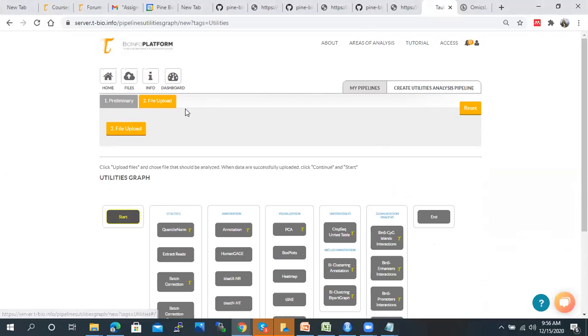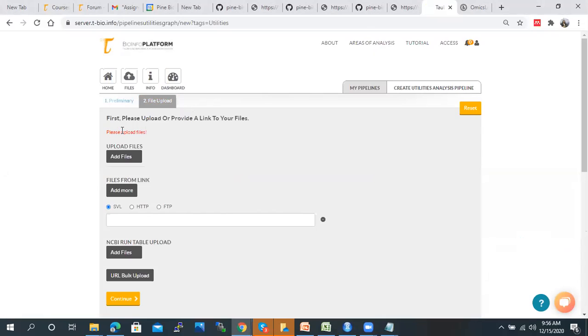Under data mining, we have the utility section. Once you click on that, we get the file upload option. We are uploading the same gene expression table that we obtained after running the RNA-seq pipeline, which contains FPKM values. Here, first we are going to perform normalization on our data, then we are going to generate PCA components.